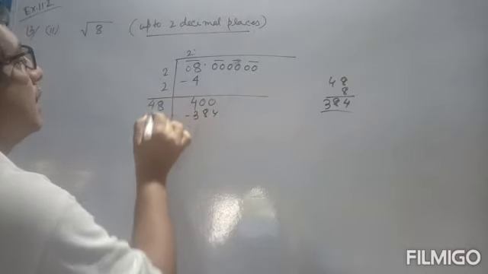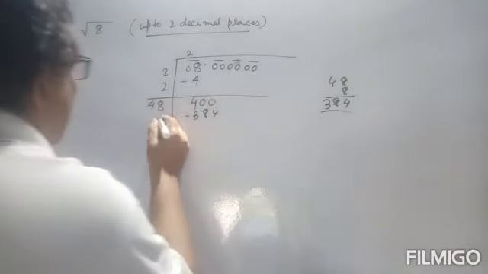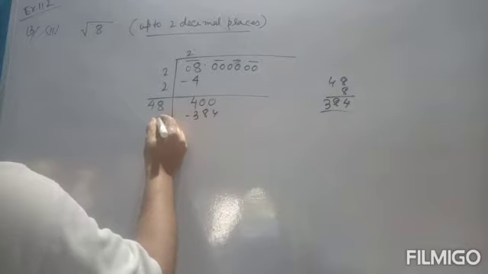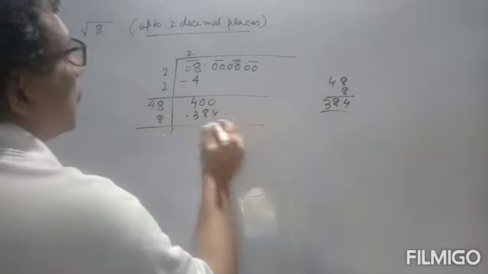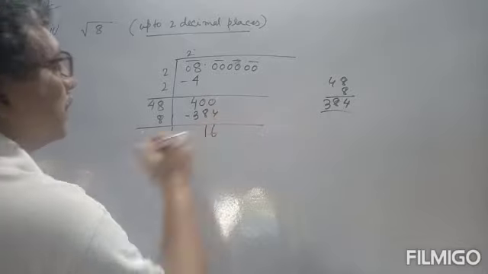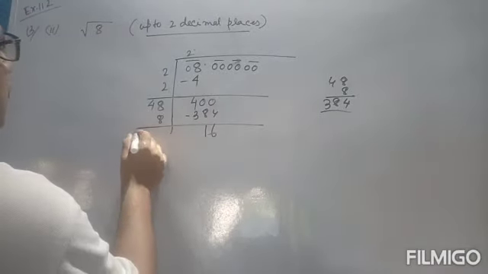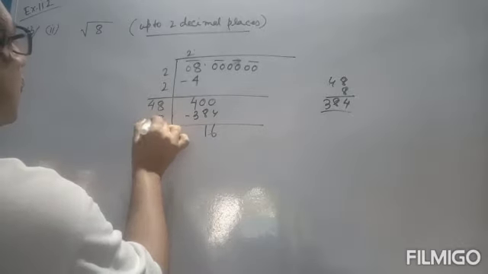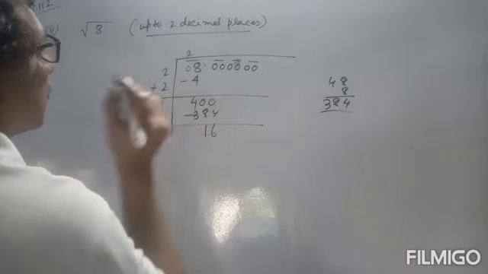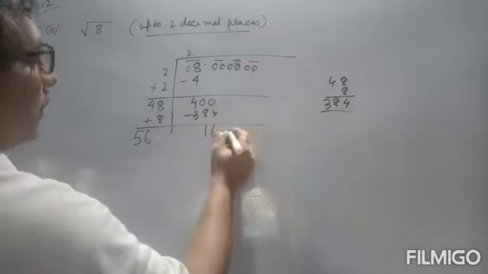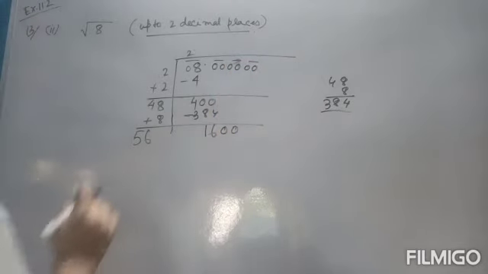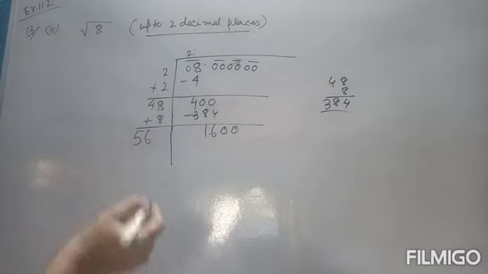So this is 8, and again we add another 8. 48 plus 8 is 56. Here we add and here we subtract. So again bring down 2 0s, 56. Now put a number and multiply this number with that.